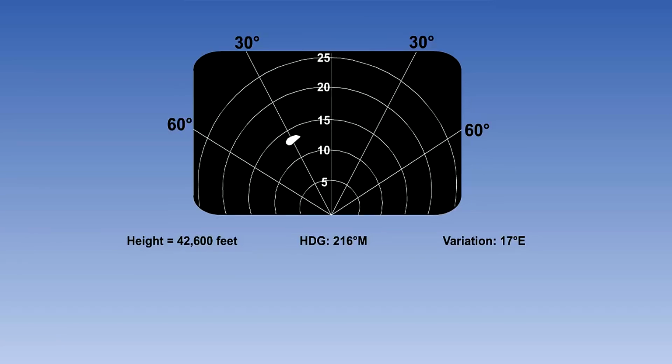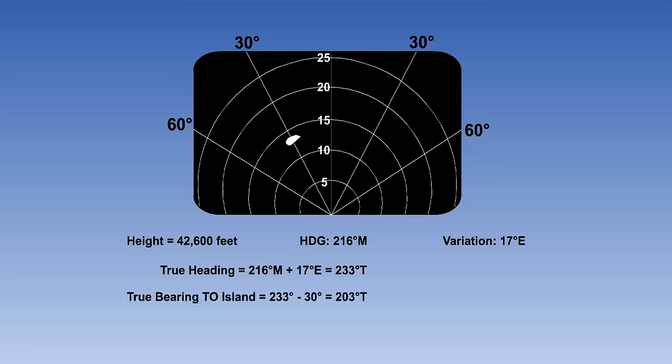Let's say that an aircraft is at a height of 42,600 feet on a magnetic heading of 216 degrees. Variation is 17 degrees east. So the aircraft is on a true heading of 233 degrees.